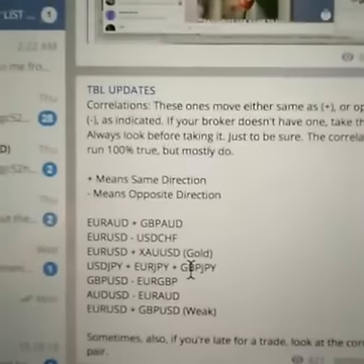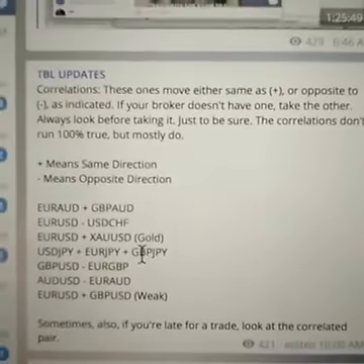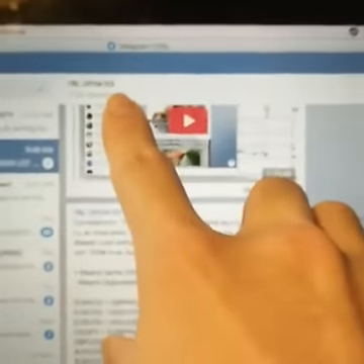Did you know that there's a lot of correlations? If you have your pen and paper ready, get ready to take this down. I'm going to show you some notes that I have in my group, and once you become a member of the Binary Lab, you actually get all these notes as well. This is inside my updates group.